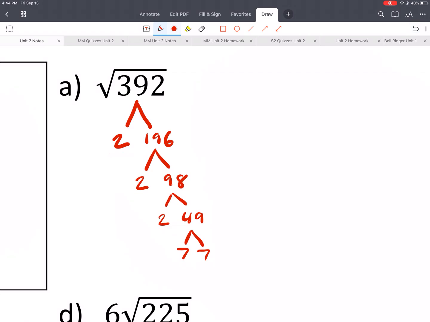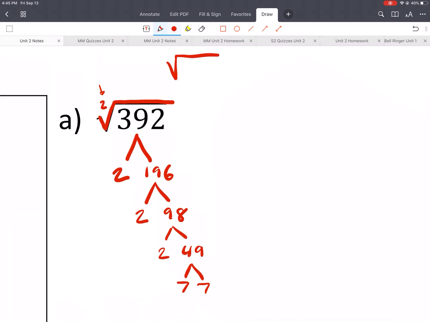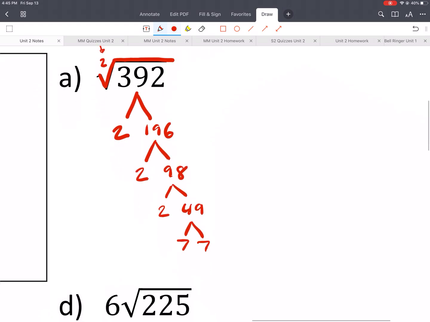Okay, so the next step is to group like numbers. Because this is a square root, oftentimes we do not write a number, but if you could write it, it would have a 2 here, versus something like a cube root, which has a 3. Since it's a square root, we are trying to find groups of 2.